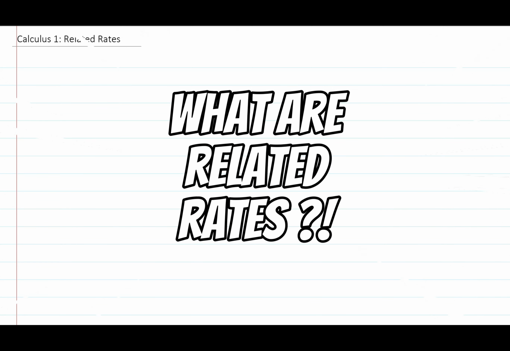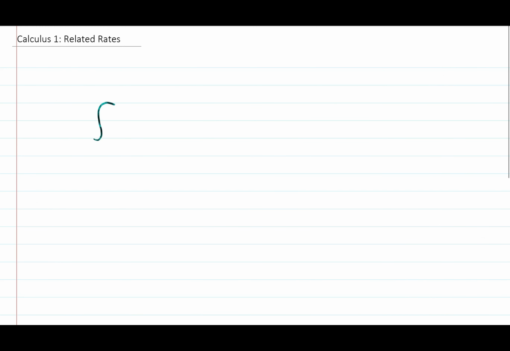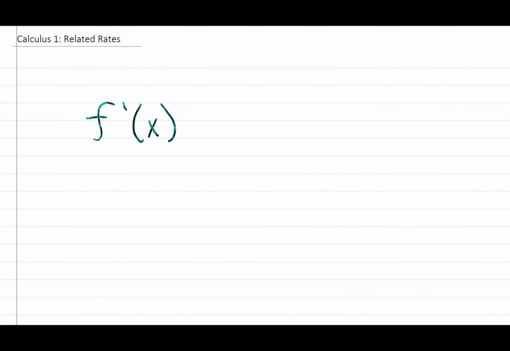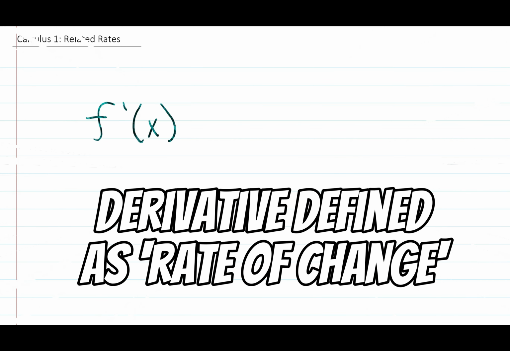Hey everyone. In this mini lecture, we're going to be discussing the idea of related rates. If we take a look at f prime of x, we define the derivative f prime of x as the rate of change of our function f of x with respect to x.